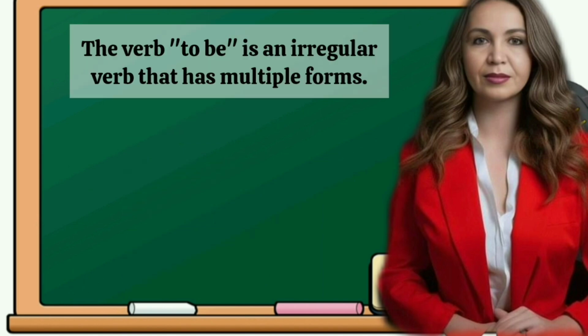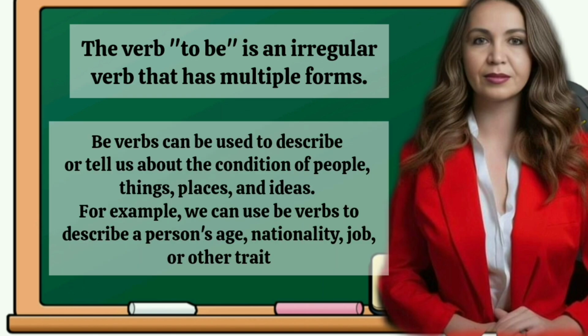The verb to be is an irregular verb that has multiple forms. The be verb can be used to describe or tell us something about the condition of people, things, places, and ideas. For example, we can use the be verb to describe a person's age.